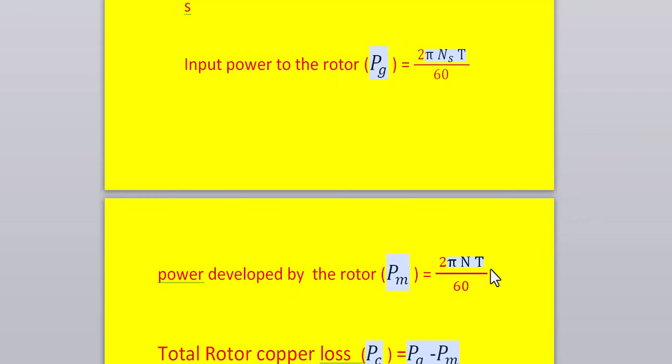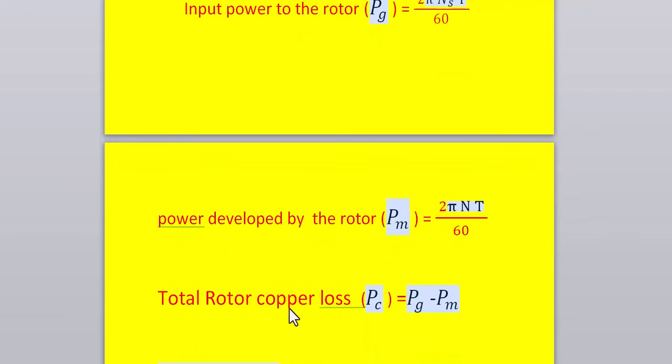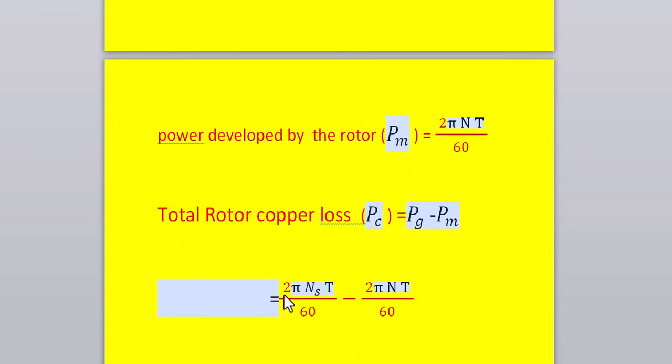So 2 pi N T by 60 is the mechanical power developed by the rotor. Then the rotor copper loss can be calculated as rotor input minus rotor mechanical output or mechanical power developed. So we get 2 pi Ns T by 60 minus 2 pi N T by 60.